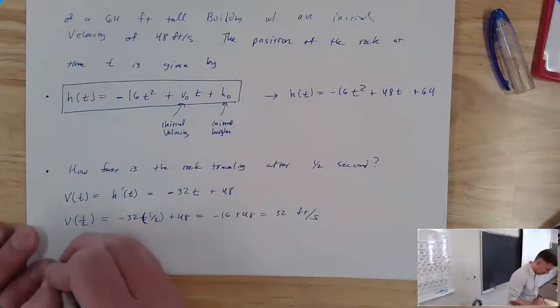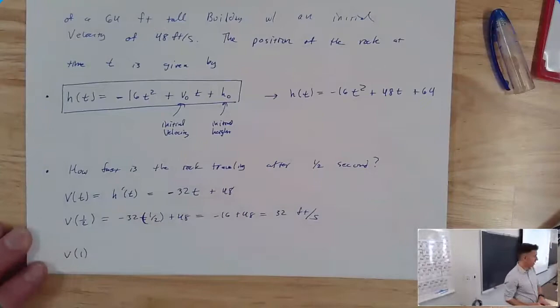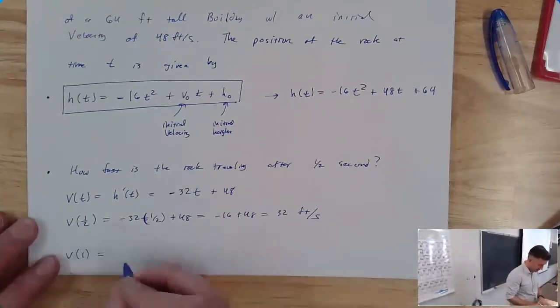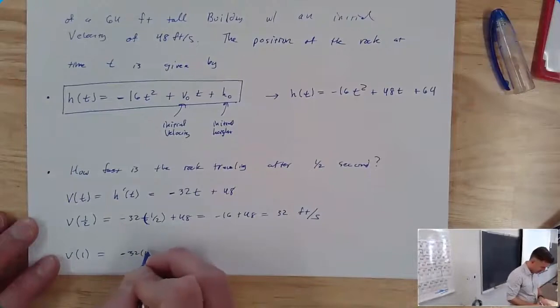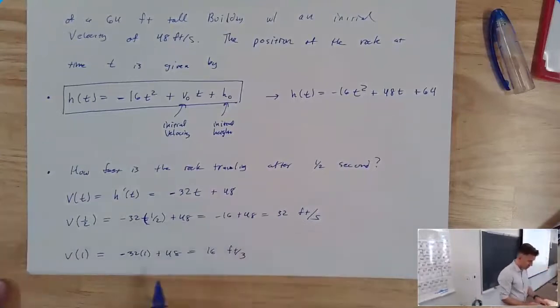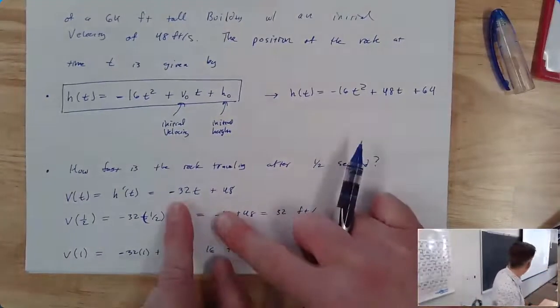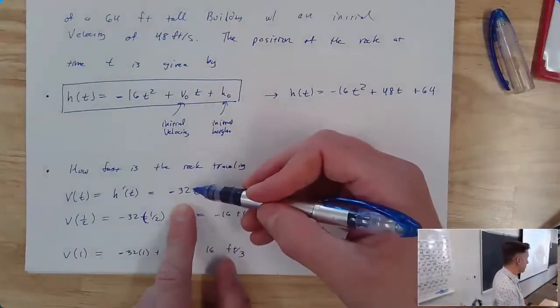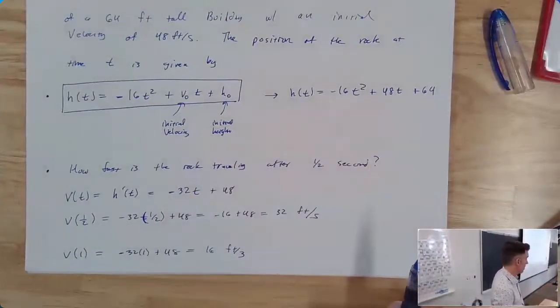If I said what's v of 1, the velocity of the rock after 1 second, it's going to be negative 32 times 1 plus 48, which is 16. You can even see it in this equation: for every second that goes by, the rock's going to lose 32 feet per second of speed. It's right there.